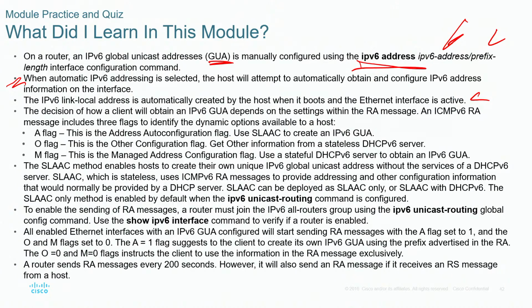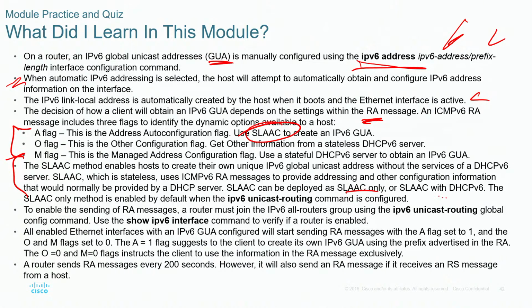Figuring out how you get that GUA address depends on how the router advertisement you see first is set up, and it will include one or more of the following flags: the automatic flag, the other flag, or the managed flag that tell you if you're dealing with a stateless, a stateful, or no DHCP server, in which case you will want to use SLAAC to configure yourself, which lets you create a default address.